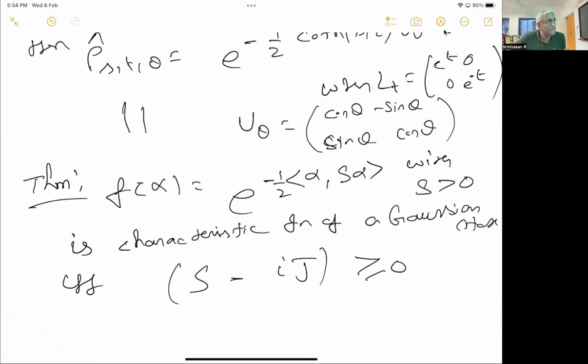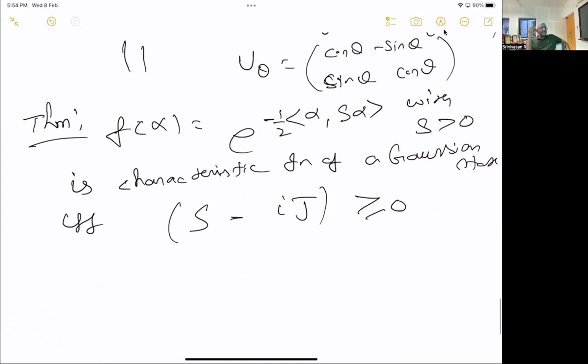What it means is the following. S is a real matrix acting on R power 2n. J is a real matrix on R2n. So you are multiplying by i, so it's a kind of complex matrix. Still, it can act on real things. This is all one matrix. What is J?